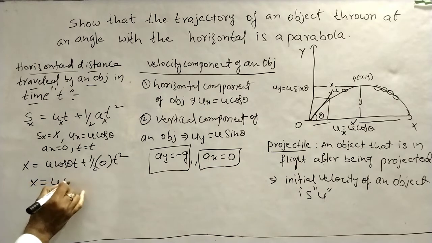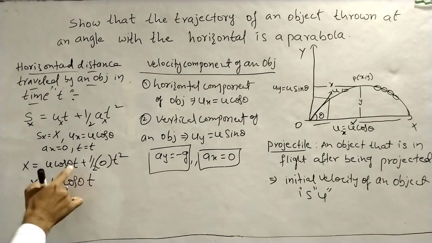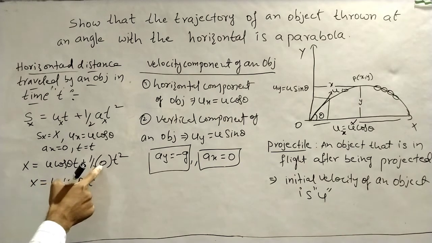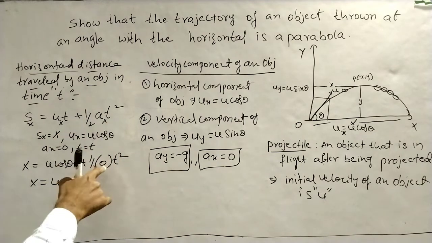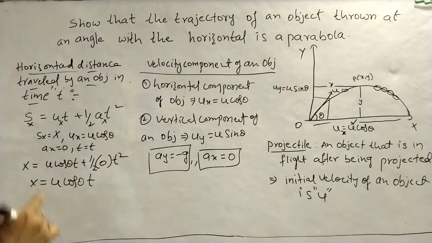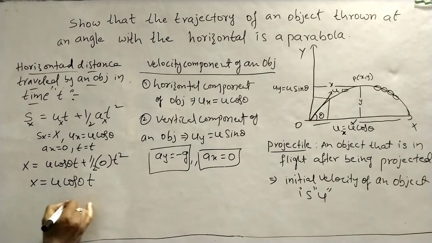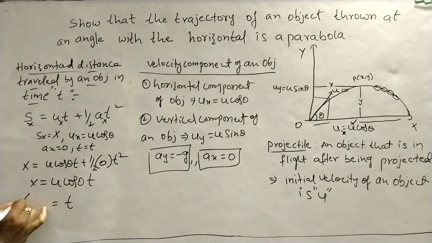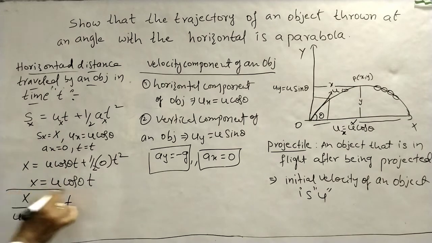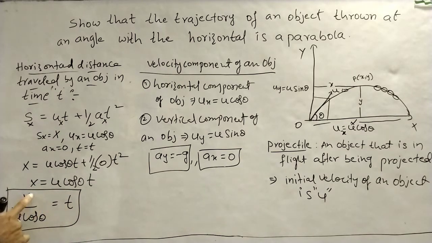So x is equal to u cos theta t plus 0, which becomes 0. X is equal to u cos theta t. Taking u cos theta to the left side, it goes to the denominator: t equal to x by u cos theta. This is equation 1.